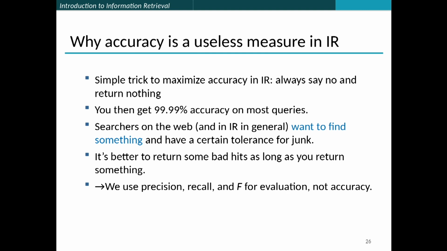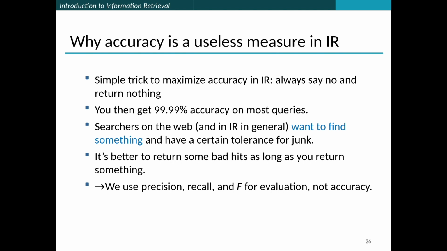Unfortunately, as we observed, this is very bad, because in a search engine, it's preferable to provide wrong results, but also relevant ones, rather than not provide anything. A search engine is designed for this purpose. So accuracy does not work. And that's why we use precision, recall, and F for the evaluation of our system.